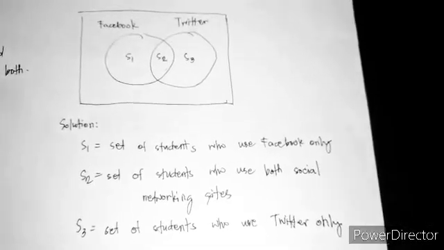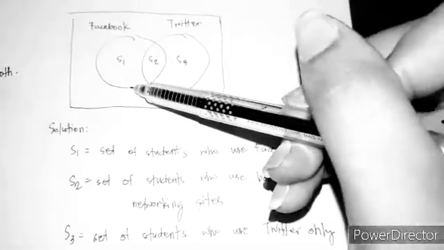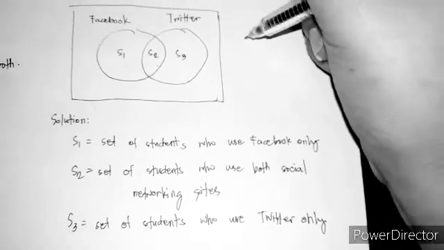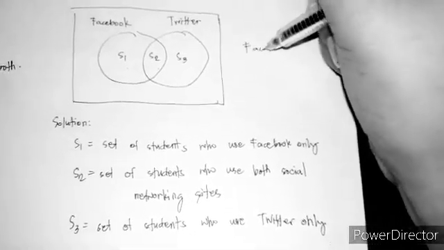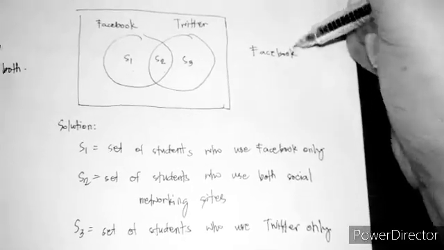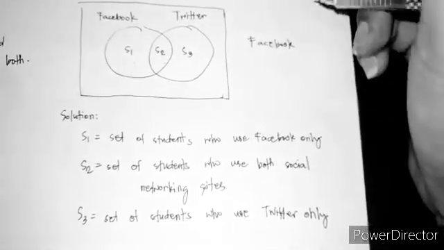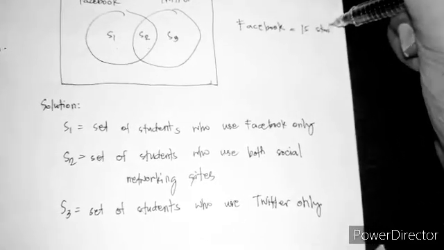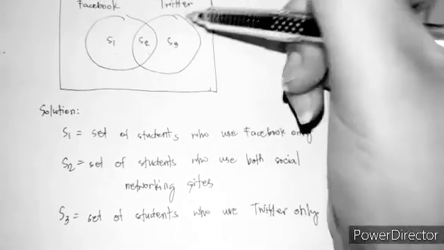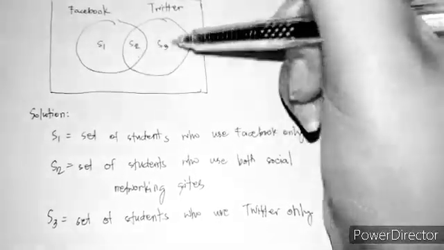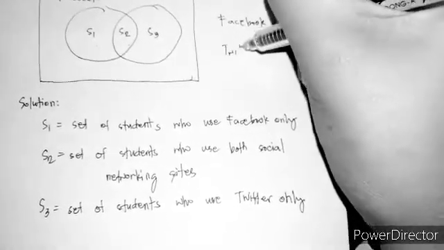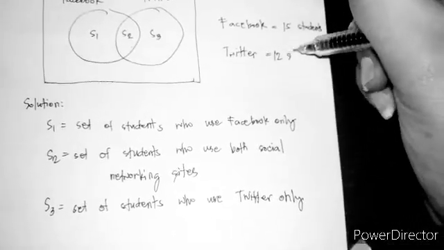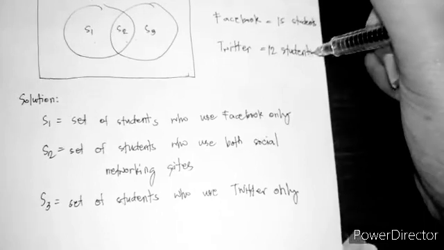As we know, S1 plus S2, in Facebook, we have 15 students who use it. And then, in Twitter, the S2 and S3, we have 12 students who use it.